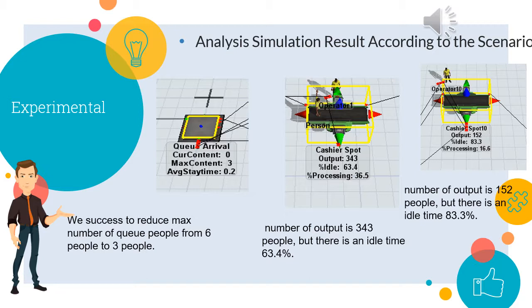And for the third result, on the second server or cashier spot, the number of output is 152 people, but there is an idle time of 83.3%.